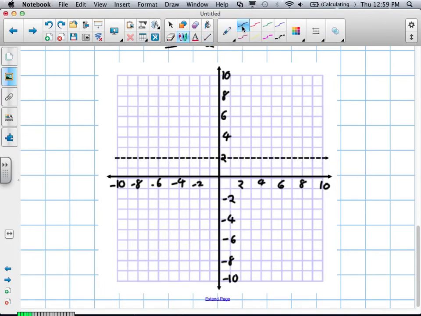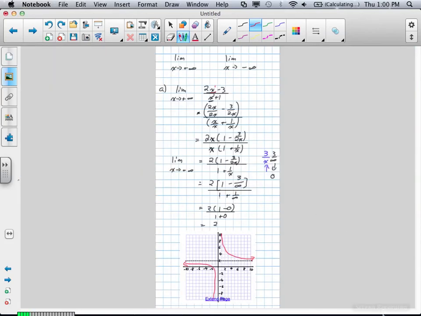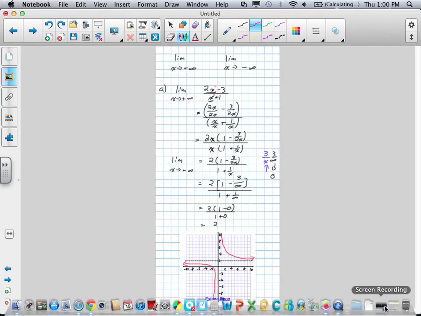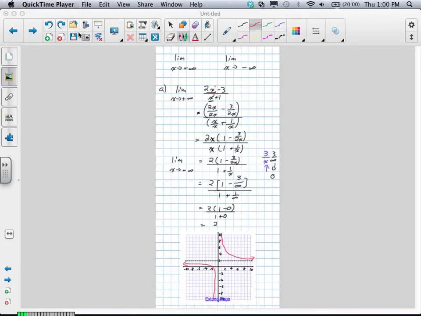We haven't talked about how it approaches this, but let's just say we have something coming at it like this, and then the other one coming at it like this. We know we're not touching that imaginary line there. And that was our goal here when finding the limit: what the value of our horizontal asymptote would be.